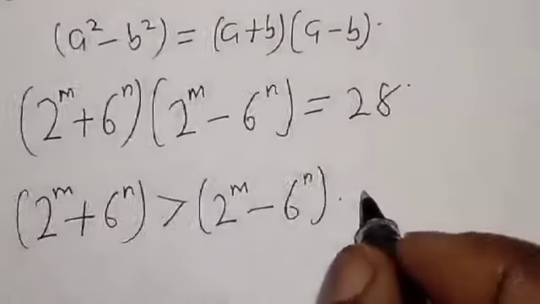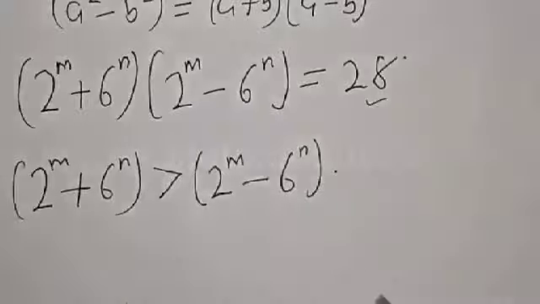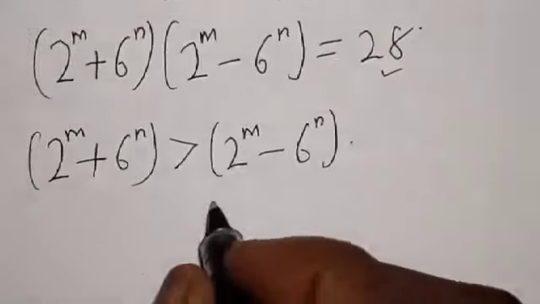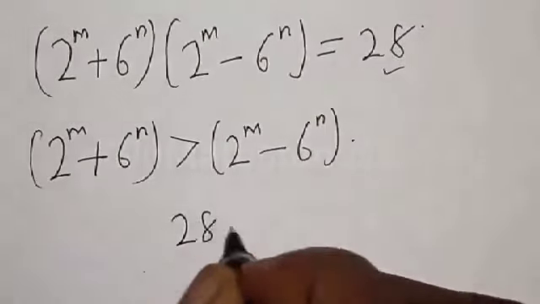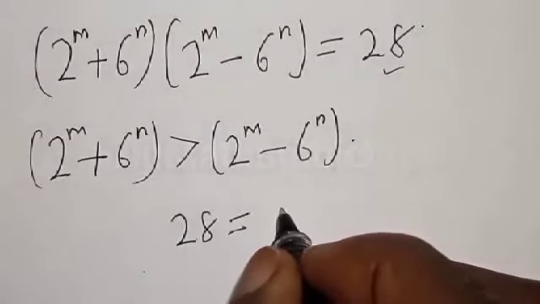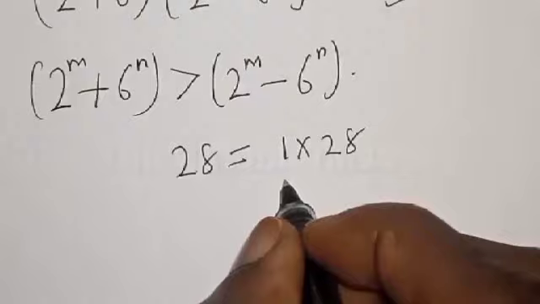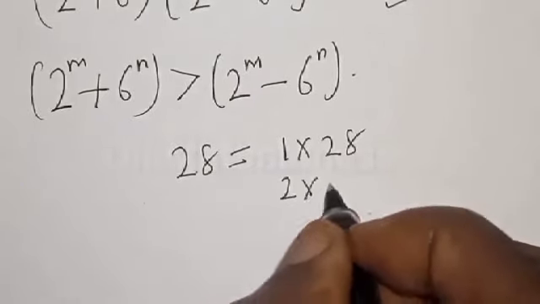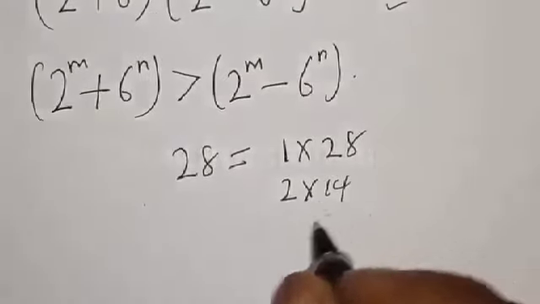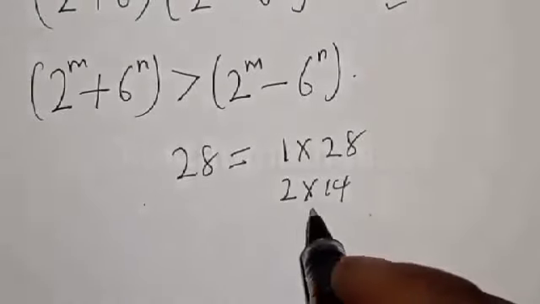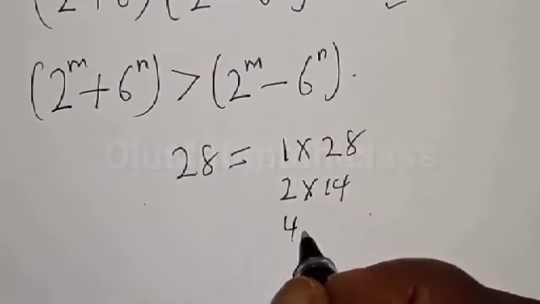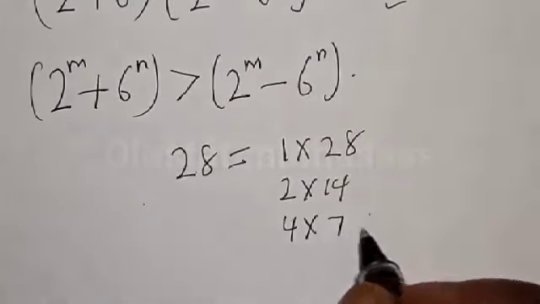Now, let's work on this 28. 28 can be expressed as 1 multiplied by 28. We also have 2 multiplied by 14, which is also equal to 28. And another one is 4 multiplied by 7.